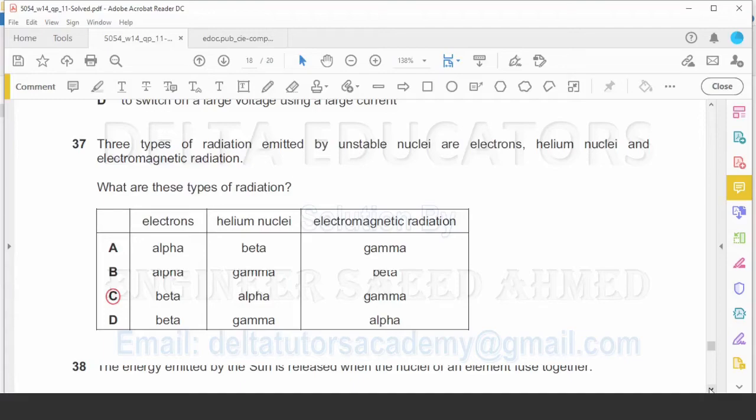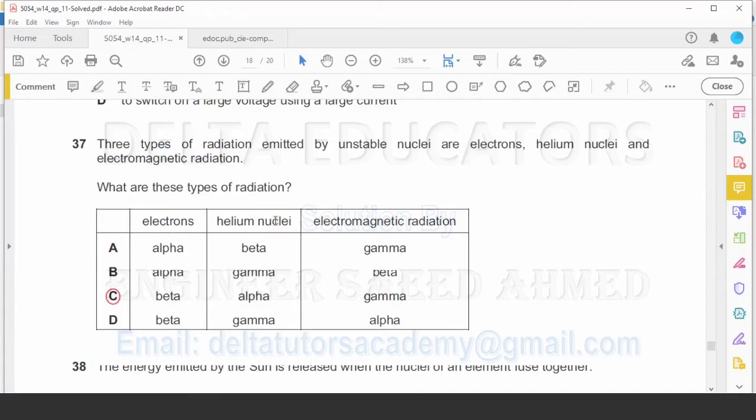Alpha radiations are positively charged, beta are negatively charged, whereas gamma has no charge. Here it is given electrons. Electrons means negatively charged, and negatively charged are beta particles. So we can say beta particles are identical to electrons.